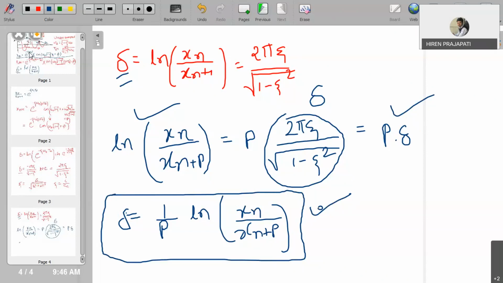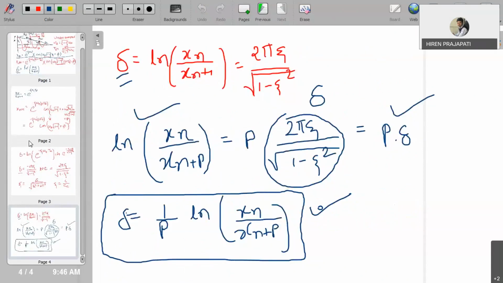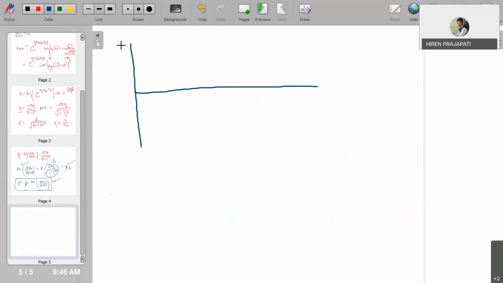So if you consider here, let me show you by one practical case. Now suppose I again draw the x-t curve. This is x, this is time, and if I have given some amplitude, for example 10 mm, 10 mm is the initial displacement given.